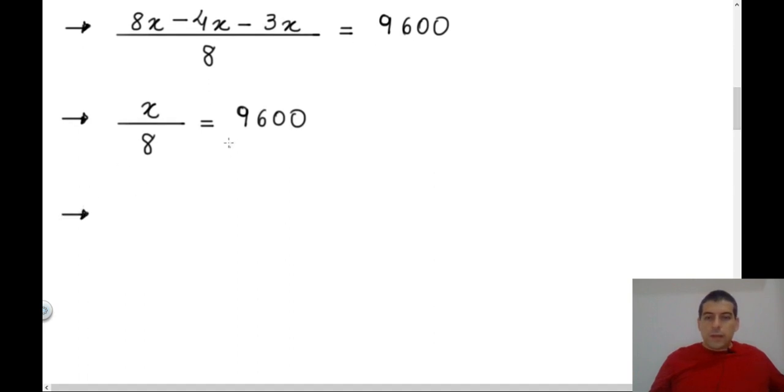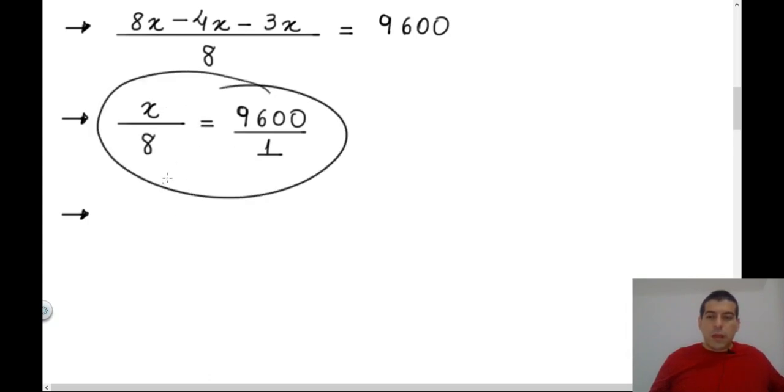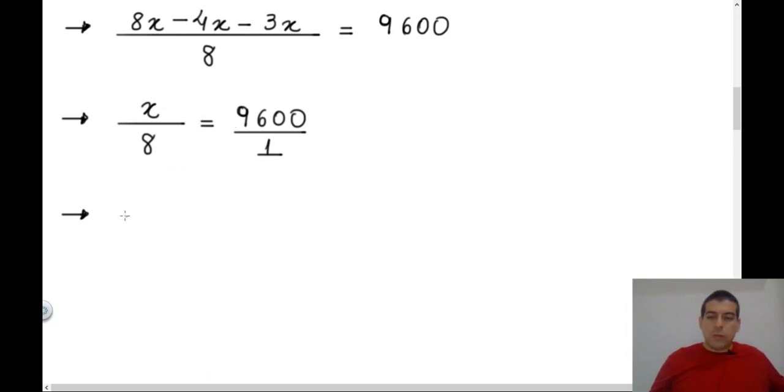To finish this, I will think that this 9,600 is the same thing as the number divided by 1. I will just do a cross product here, and I will have that X times 1 is X, and 8 times 9,600 will be what?